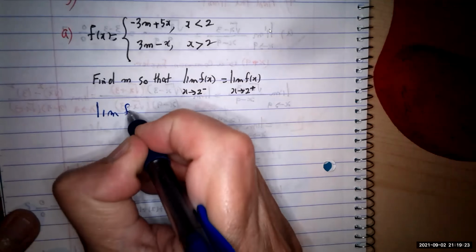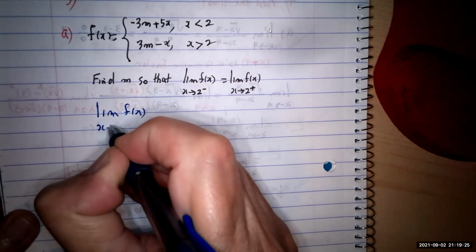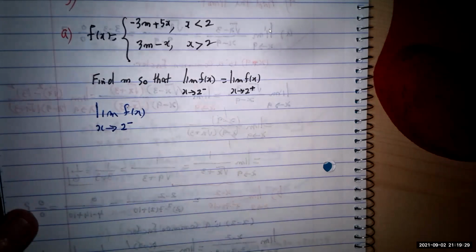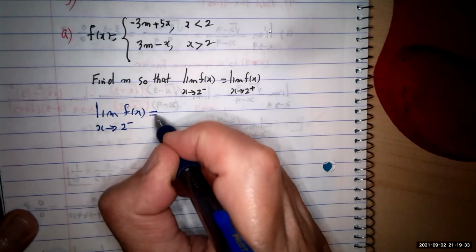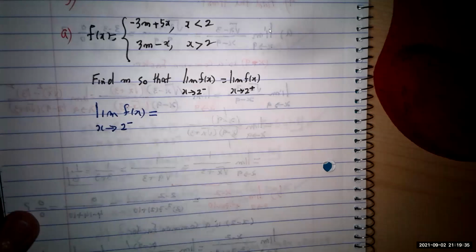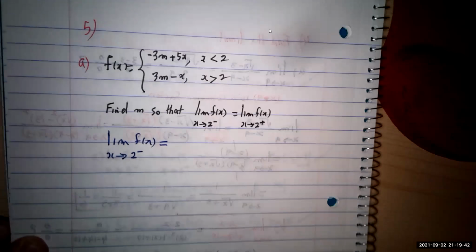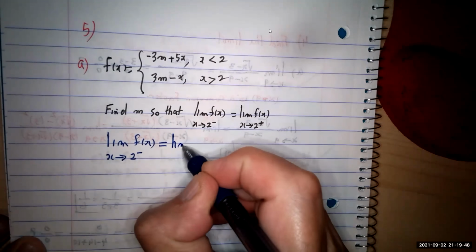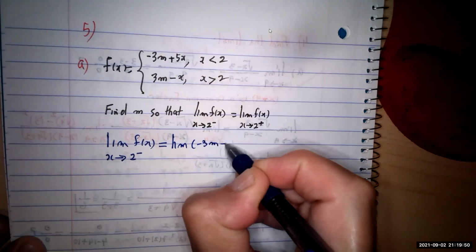Limit of f of x as x goes to 2 negative. What does it mean? It would be less than 2. When x is less than 2, which portion are we going to use, the first part or the second part? The first part. There you are. Limit of negative 3m plus 5x.